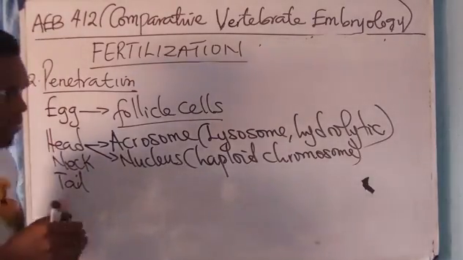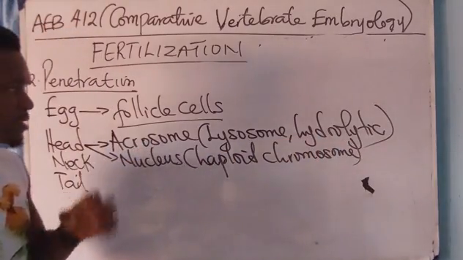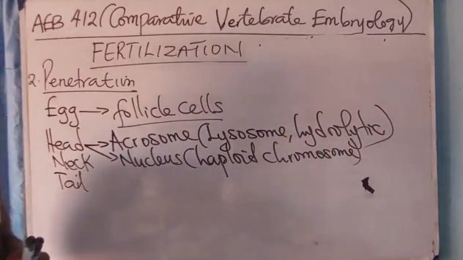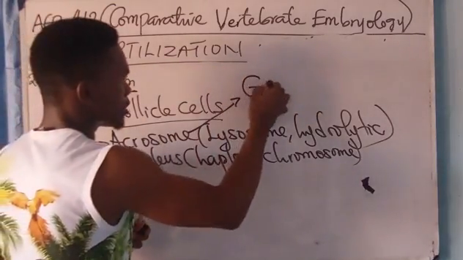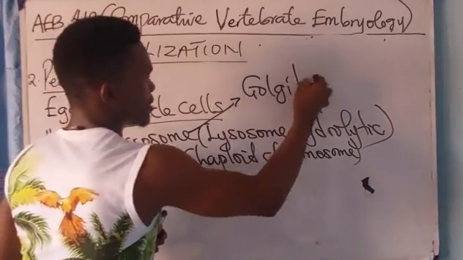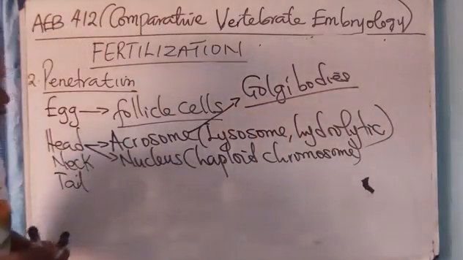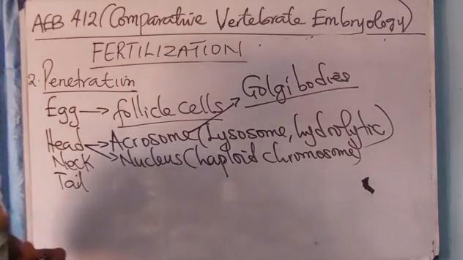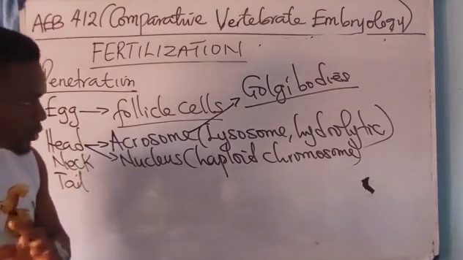Because of this enzyme that the acrosome possesses, I told us in our initial class that the acrosome is produced from the Golgi bodies. Don't forget that. So this is what is going to happen.